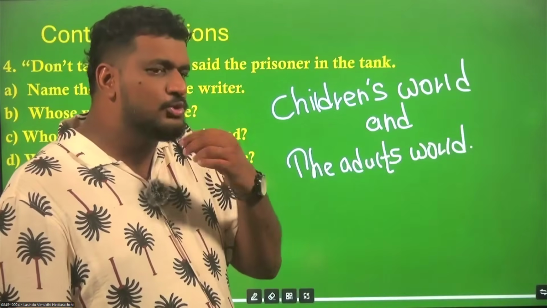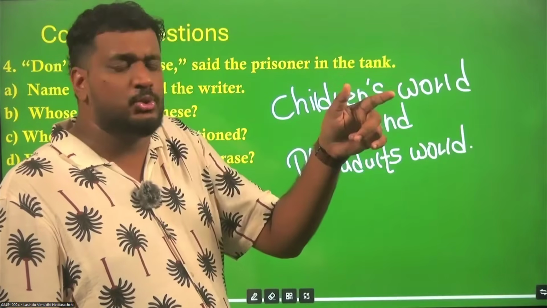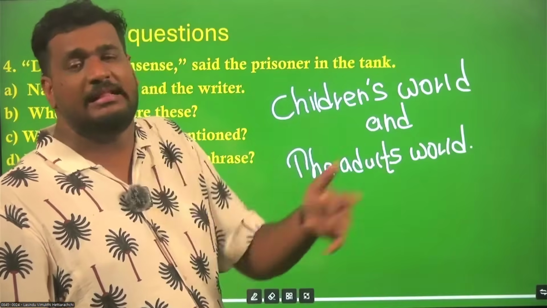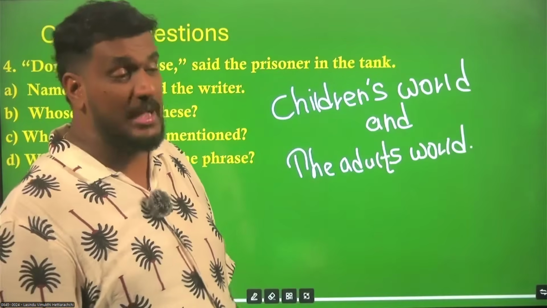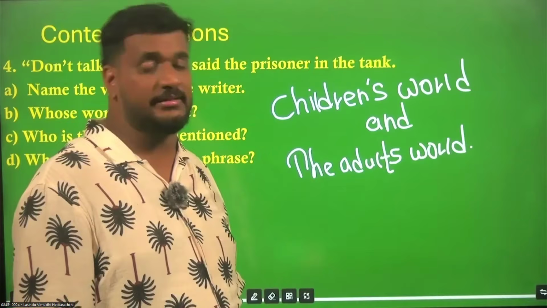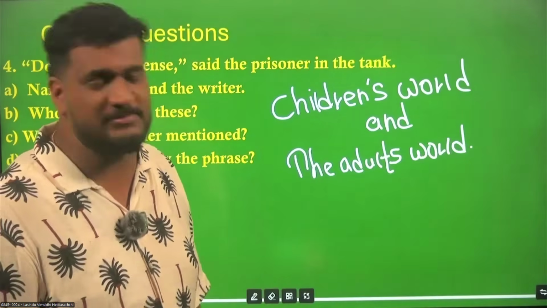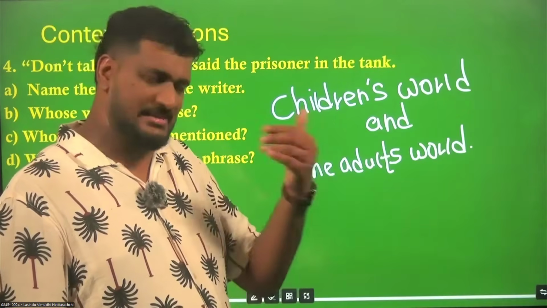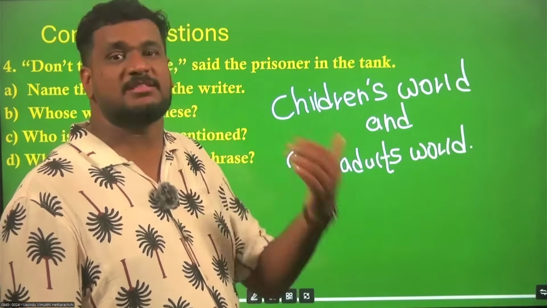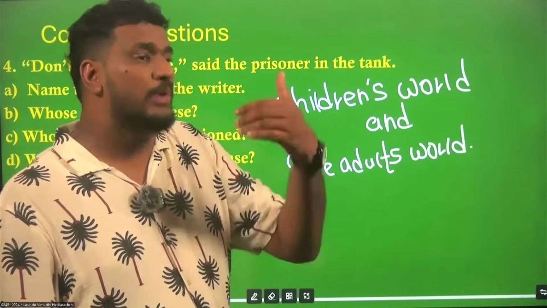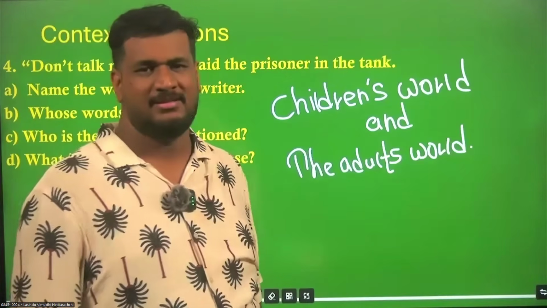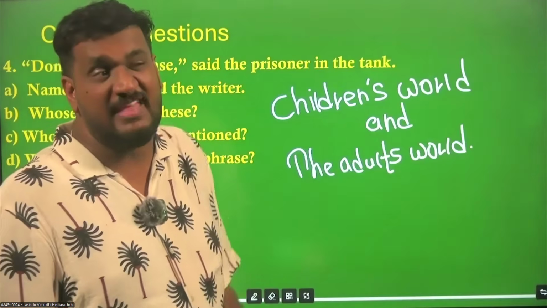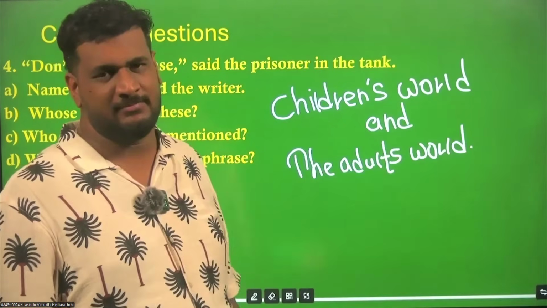So H.H. Munro's main intention is to tell the audience that you should be very careful when you are dealing with children, because some children are smarter than adults. You have to accept it. Rather than neglecting it as an adult, you have to accept their talents and help them develop them, rather than showing your jealousy or anger towards them.